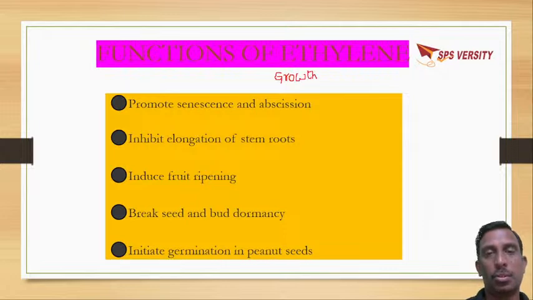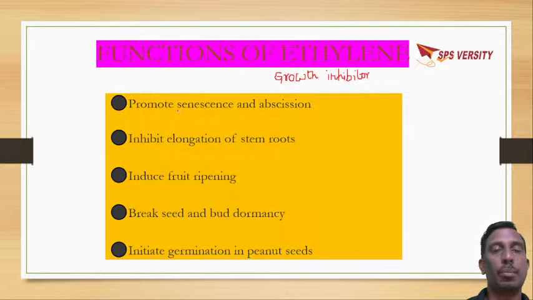So this growth inhibitor, if you look into functions, it will promote senescence and abscission, inhibit elongation of stem roots, so that it will promote the lateral growth.